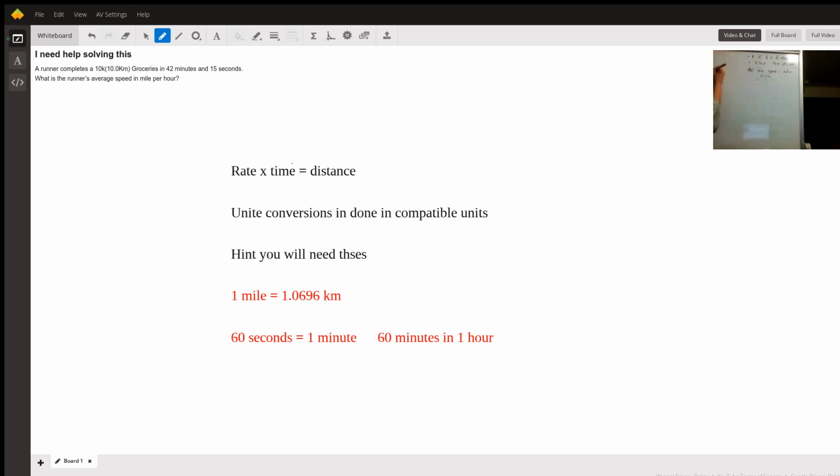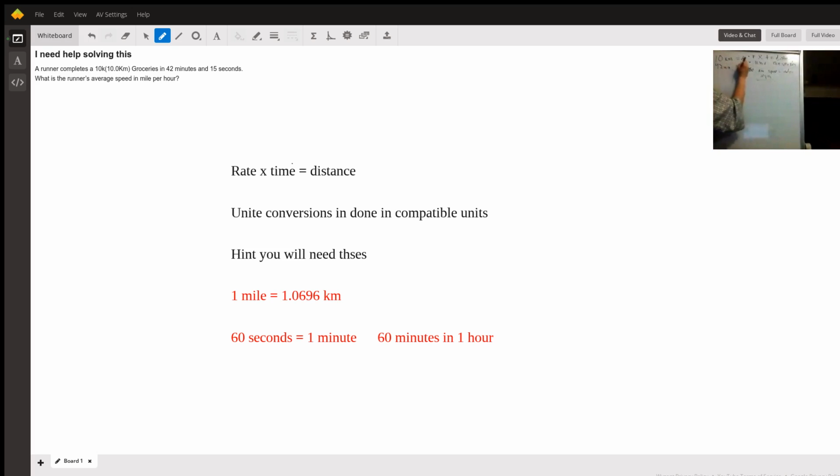So, we have a distance that they mentioned. It's 10 kilometers. And we have a time that's given, and that is 42 minutes, 15 seconds.